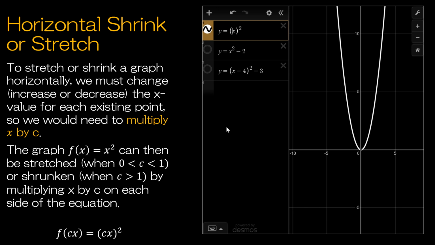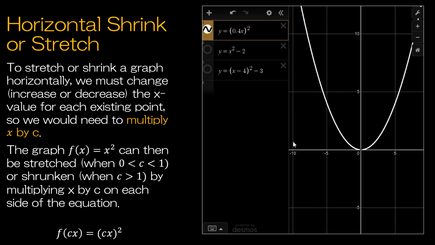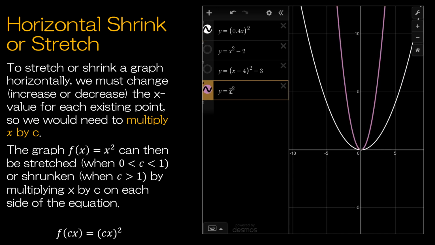But if I put, say, a 0.4, now the original graph, just for reference, y equals x squared, is the one here in this horrible pinkish color. 0.4, as we can see, has stretched that graph outward. So it's like you're putting your hands on each side of this pink parabola and pulling outward with all your might to stretch that parabola.